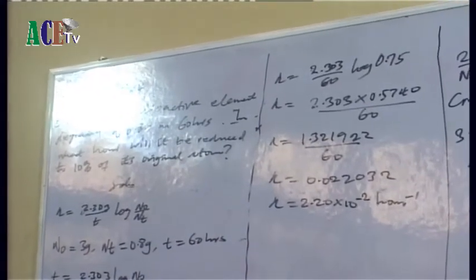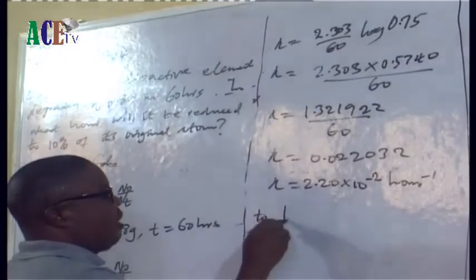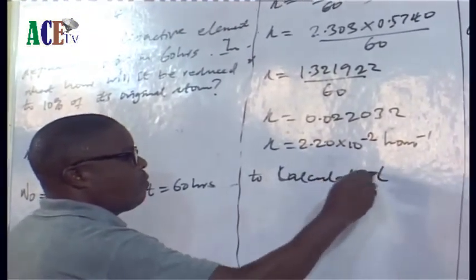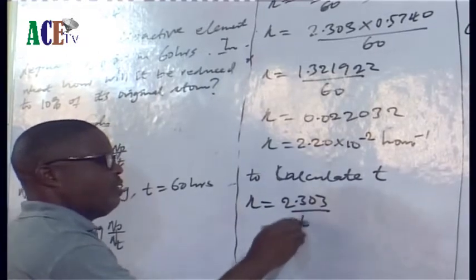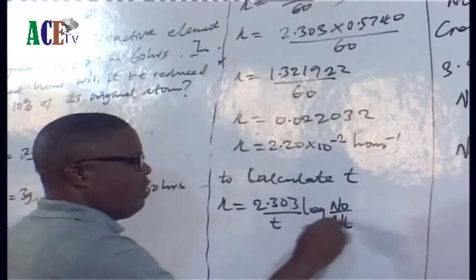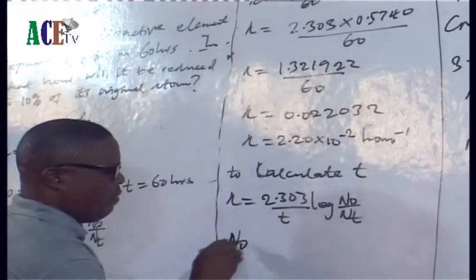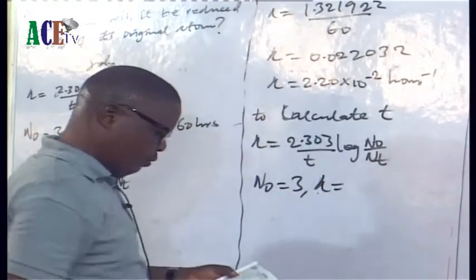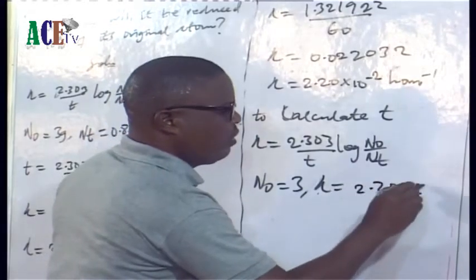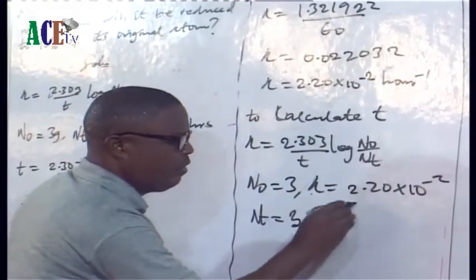Now we've gotten our lambda. The question said we should calculate T. To calculate T now, we still make use of lambda equals 2.303 all over T log of N naught all over NT, where N naught is equal to 3, lambda is 2.20 times 10 raised to the power minus 2, and NT is equal to 3 minus 10% of 3.